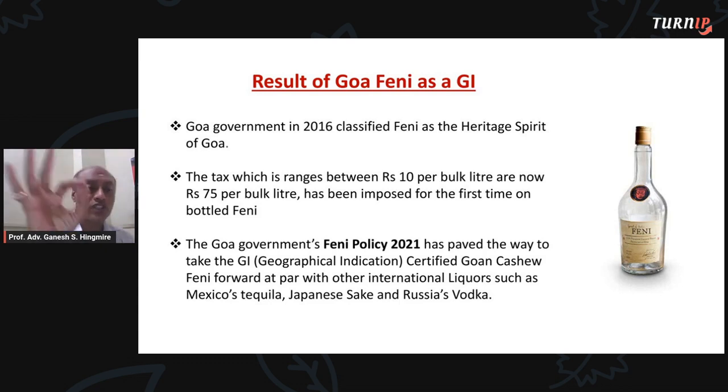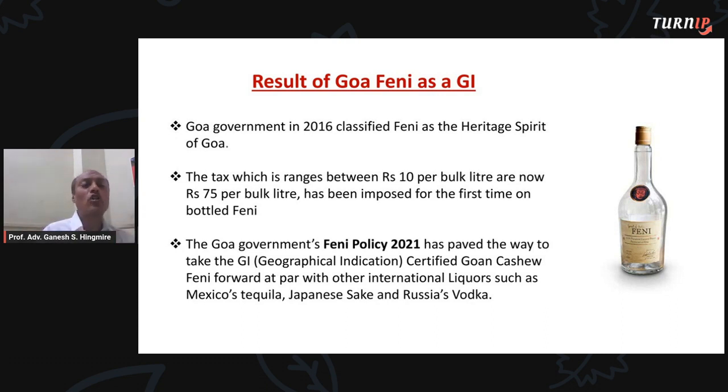Goa Feni received the GI, and thereafter the government of Goa declared Feni a heritage drink, and thereafter they started selling it. Recently last year they came with the policy called Feni Policy 2021, and now they are getting a good price, and the unique product is only available in that particular place.